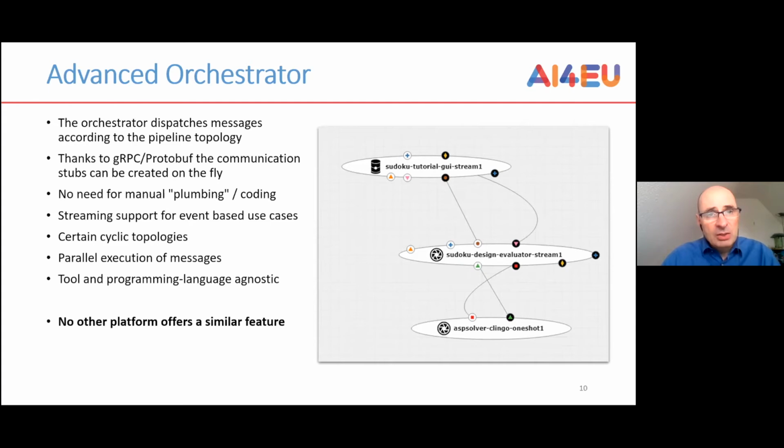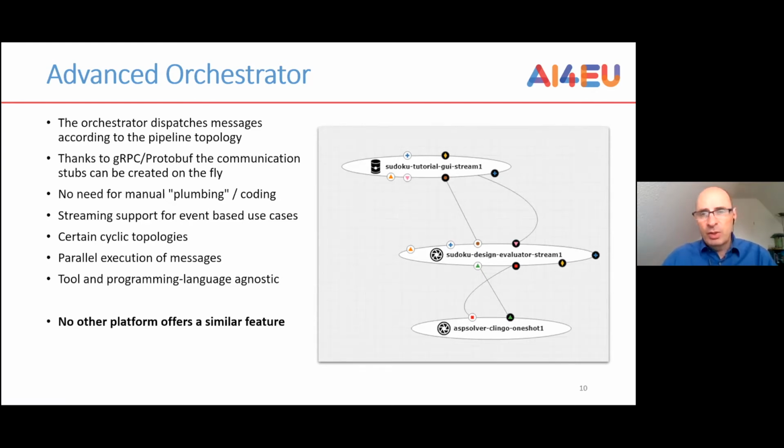What is also part of the whole platform is our advanced orchestrator. It dispatches the messages according to the pipeline topology. If you look at the picture on the right, it will start at the graphical user interface, and then the message will flow down to the app solver, and then flow up.